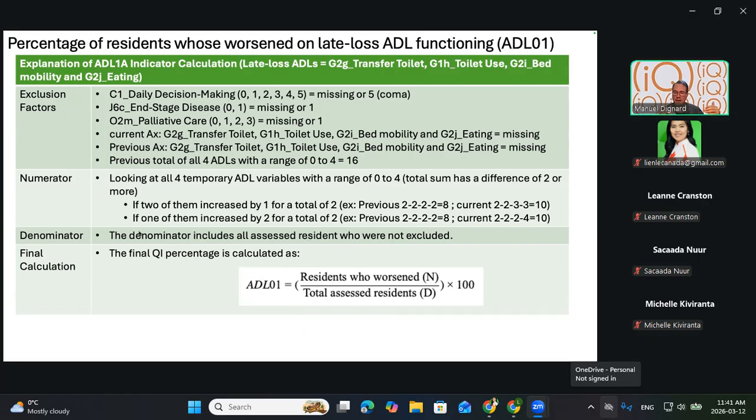This is an important QI. We're flagging everybody that's declining in those essential daily functions. So identifying these changes helps the care team intervene early, whether it's through restorative care strategies, reevaluation of care goals, or making sure that supports are in place to preserve that quality of life.